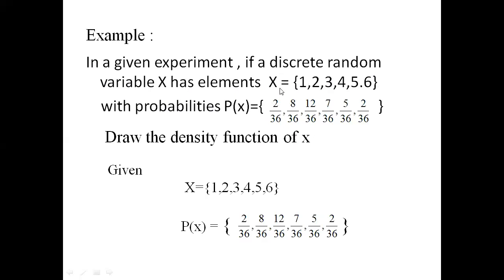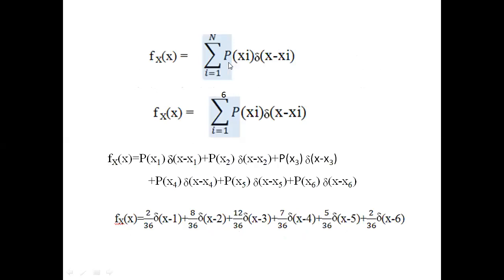The given values are the random variable x equal to 1, 2, 3, 4, 5, 6 and the corresponding probabilities p of x equal to 2 by 36, 8 by 36, 12 by 36, 7 by 36, 5 by 36 and 2 by 36. So now we need to calculate the density function.